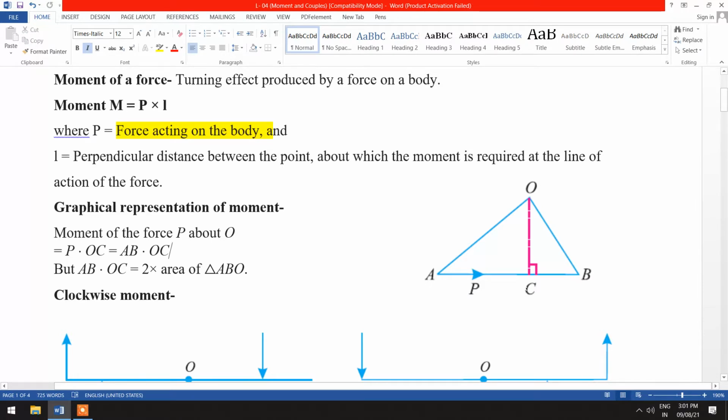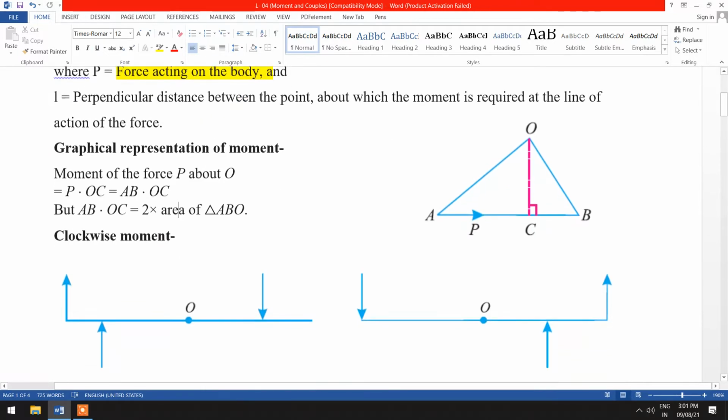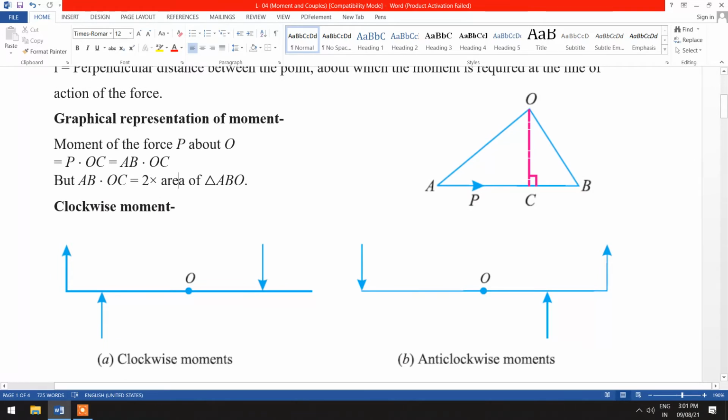P is the force and OC is the perpendicular distance. Here the perpendicular distance is OC and P is along AB. So finally we can write AB × OC, which is equal to 2 times the area of the triangle ABO, as we can see from this figure. So we can represent it graphically in this way.